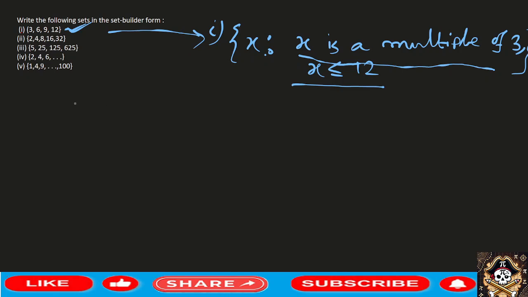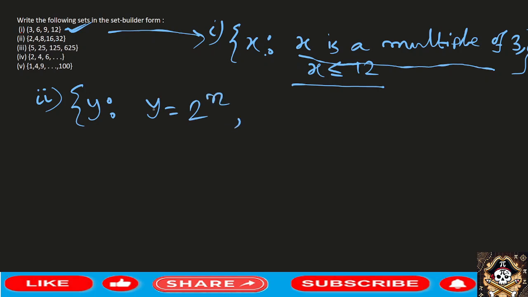Now we move further. You can easily find that in the second set, 2, 4, 8, 16, 32, the numbers are obtained by multiplying the previous one by 2. Rather, we can say that these are the powers of 2. Therefore, we can write y such that y equals 2 to the power n.